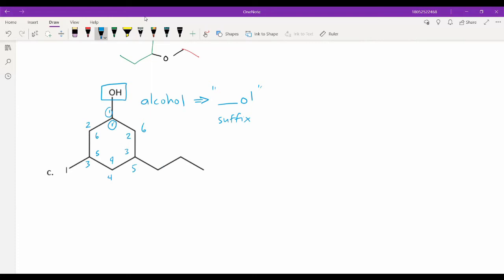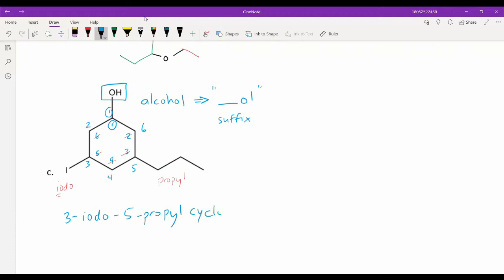Now, again, we get to this tiebreaker with the iodine, which is called iodo as a substituent. And then here we have propyl, right? So we have iodo, propyl. Which one gets priority? Well, alphabetically, it's the I. So we're going to go with the counterclockwise numbering and then name it as normal. So 3-iodo, 5-propyl.